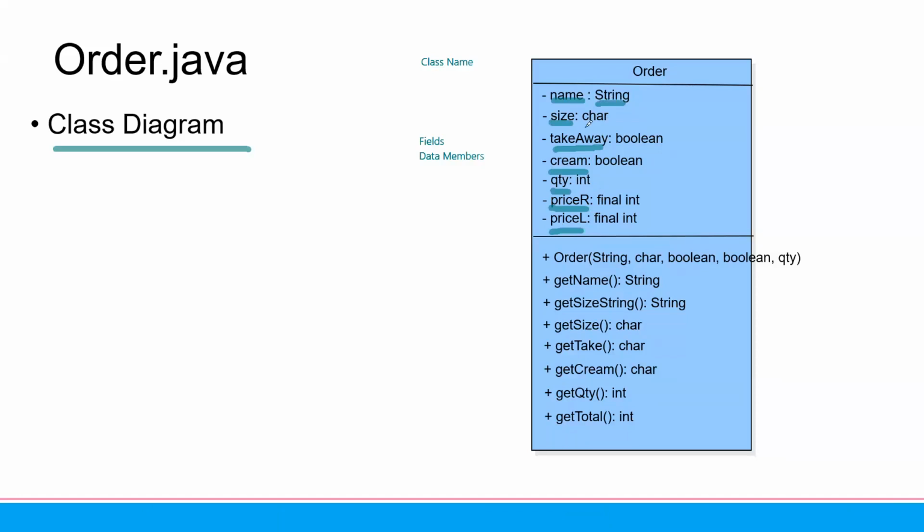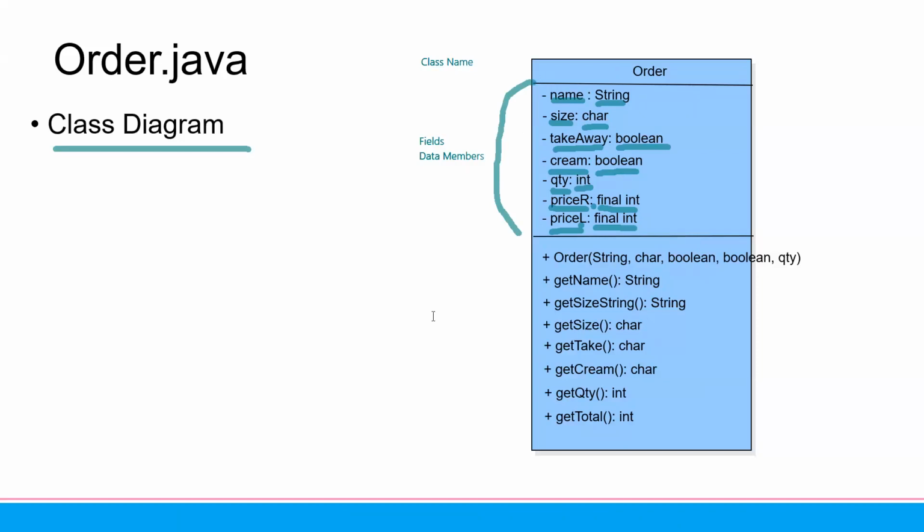For name, we have string. For the size, we have character. For the takeaway, we have Boolean. For the quantity, we have integer. For the price regular, we have final integer. So it means the price is fixed. And for the price large, we have final integer as well. This is the data member.